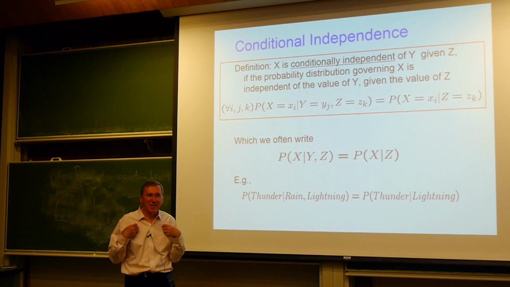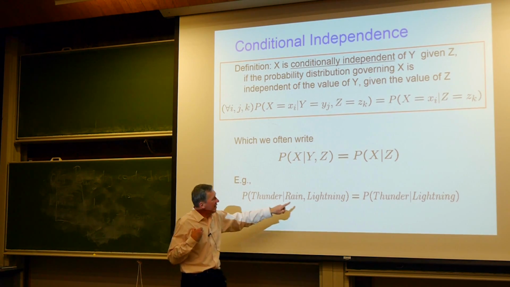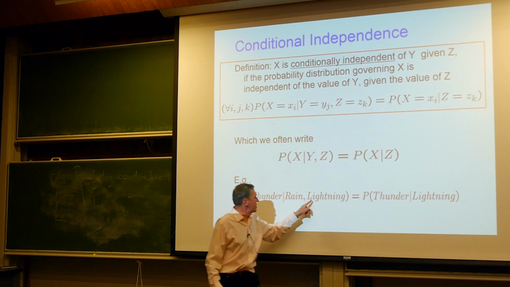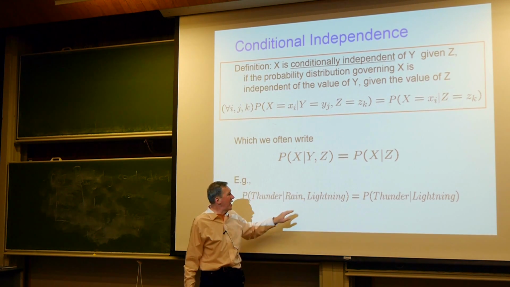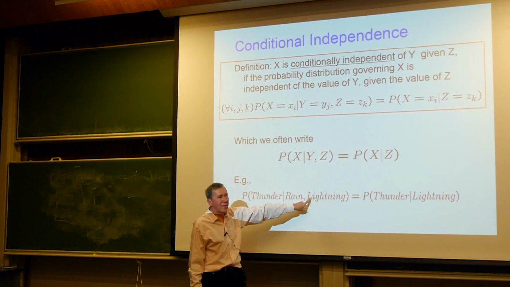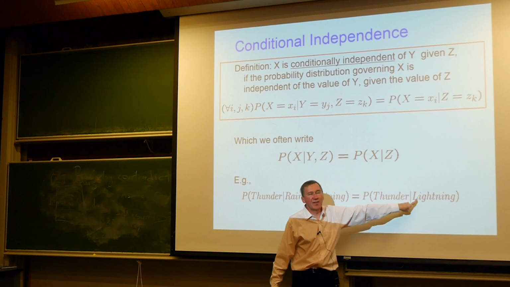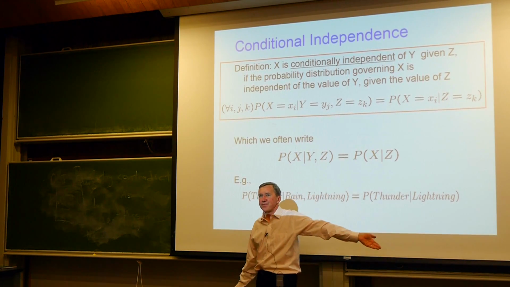And therefore, it really doesn't matter whether it was raining, does it? So given lightning, it really doesn't matter whether it was raining. The probability of hearing thunder, given that we know whether there was lightning and whether there was rain, is just the probability of thunder given that we know whether there was lightning.